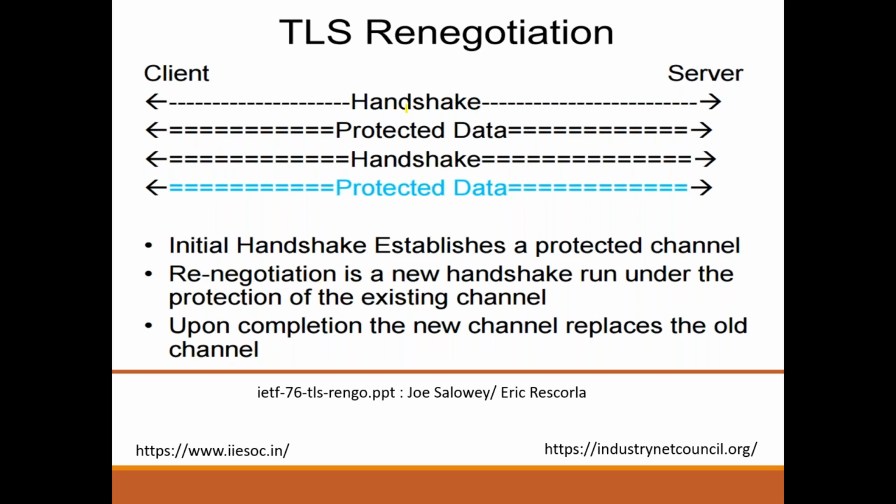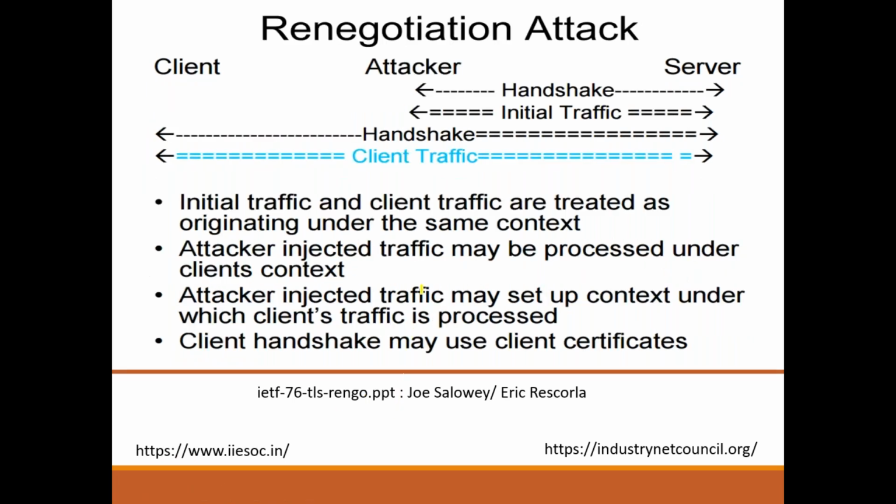Under the protection of that initial one, and so then you've got a new channel. And so what happens is that the initial traffic and the client traffic are thought of as being in the same context. And so the attacker is sending you other traffic and treating it like it was the original traffic.